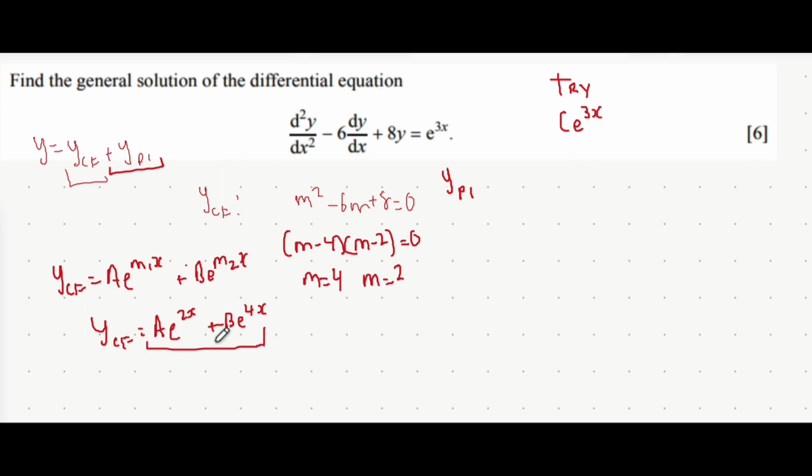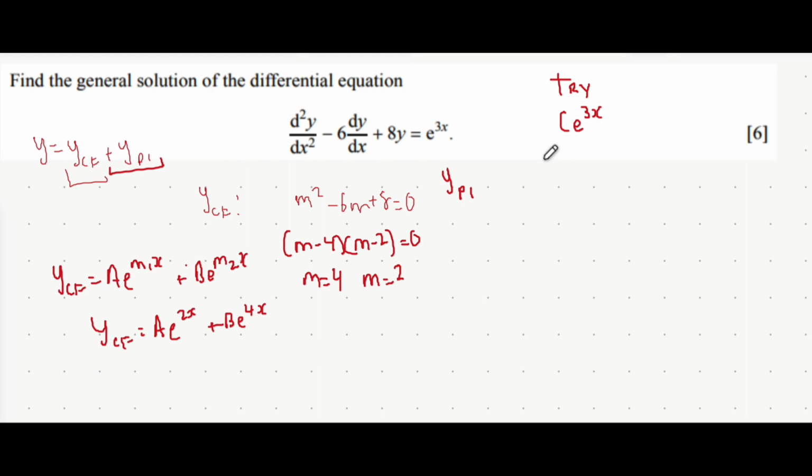If we look at our current expression, no matter how many times we differentiate the first term, it will always have a power of 2x, and the second term will always have a power of 4x. These terms can never combine to give a power of 3x, and that's why we introduce a particular integral.